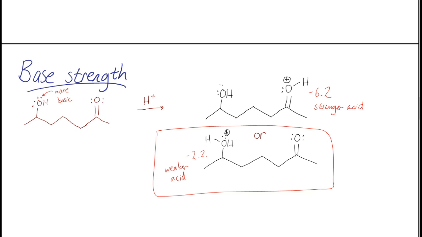So if you have a weaker acid between the two, you have a stronger base. The stronger acid gives the weaker base. So the bottom one is favored because the alcohol is more basic. And we can also say that we figured out the alcohol is more basic because we looked at the pKa's of the protonated species and found the weaker acid.